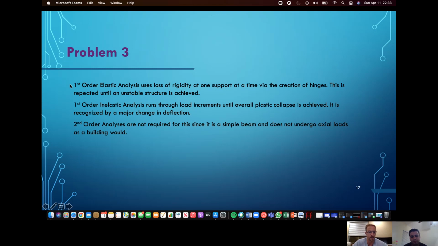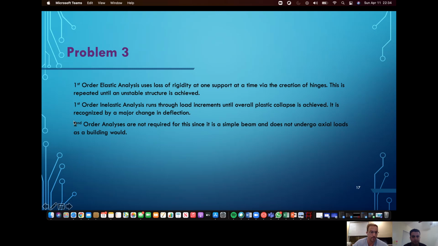And this is repeated until an unstable structure is achieved, which is what we did in part one of this problem. And then a first order inelastic analysis runs through load increments at a specified rate until overall plastic collapse is achieved, and it's recognized by a major change in the deflection. And in Mastan, it prompts you and asks if you want to continue past that point.